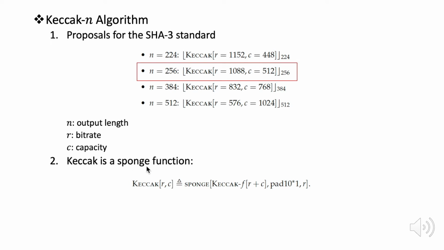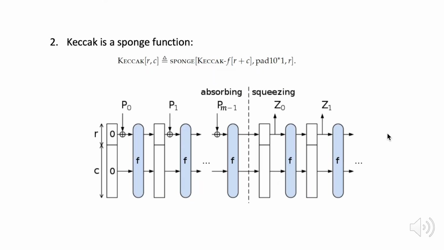It's actually a sponge function, which is defined like this. First we need a permutation function f in this algorithm, and a padding rule is also defined, and the bit rate is given in this function. This picture from Wikipedia shows the details of this function.